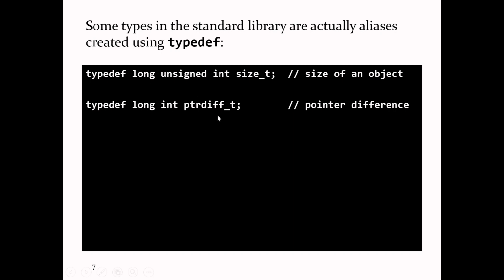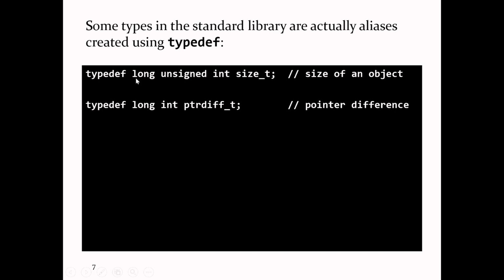This thing called ptrdiff_t, right? That's the type that's used to represent the difference between two pointers. So if you write a minus b, where a and b are two pointers, then the type of the returned value is long int. And so instead of writing long int everywhere, you can just write ptrdiff_t instead. Now, size_t is not a new type.